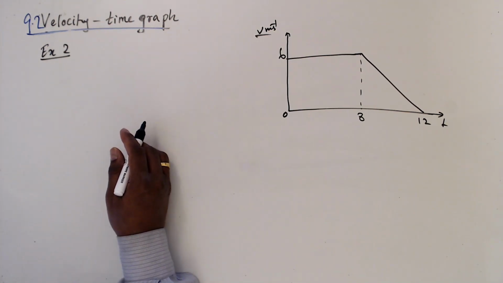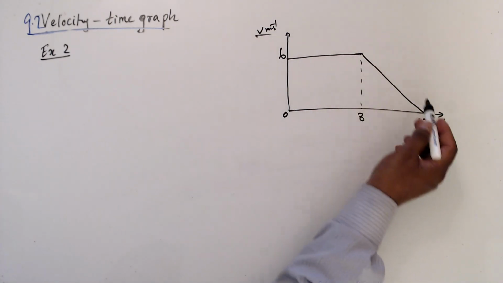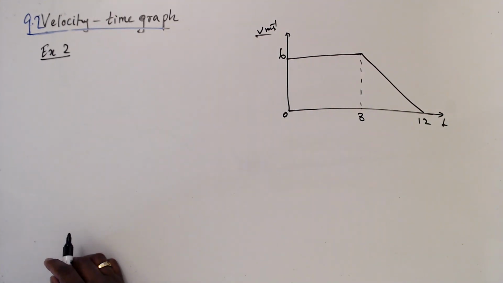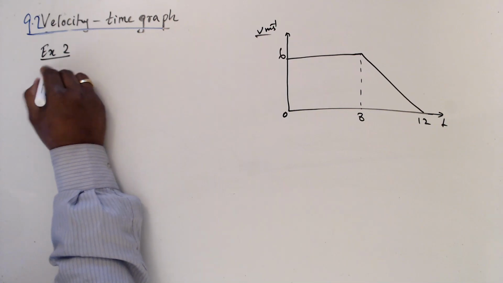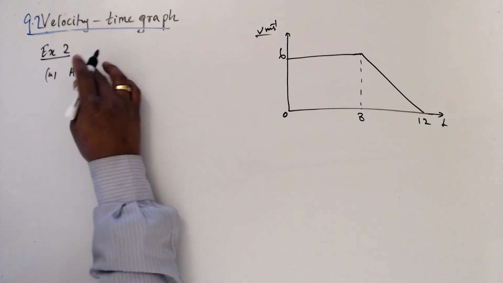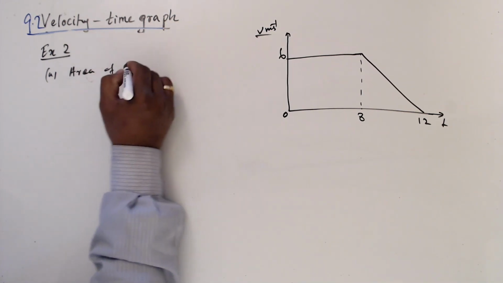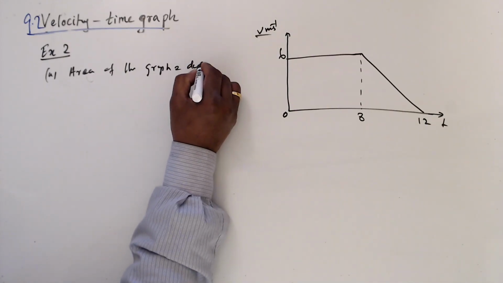Example 2. The figure shows the velocity graph illustrating a cyclist moving along a straight road. This is 12 seconds, with constant speed, and he stops here. Find the displacement from the starting point. The displacement is the area of the graph, equal to distance.